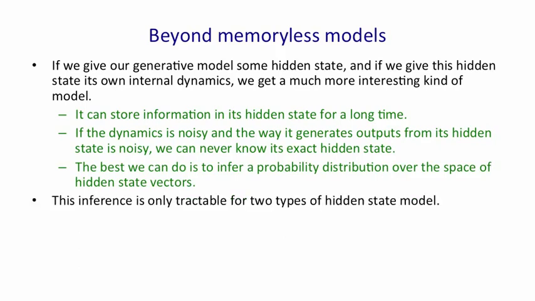So with a generative model like this, if you get to observe what it produces, and you now try to infer what the hidden state was, in general that's very hard, but there's two types of hidden state model for which the computation is tractable. That is, there's a fairly straightforward computation that allows you to infer the probability distribution over the hidden state vectors that might have caused the data.